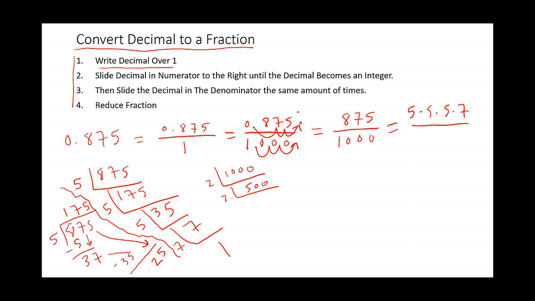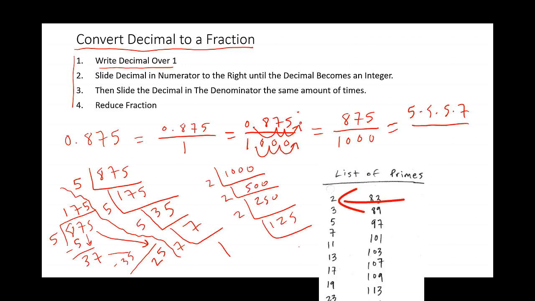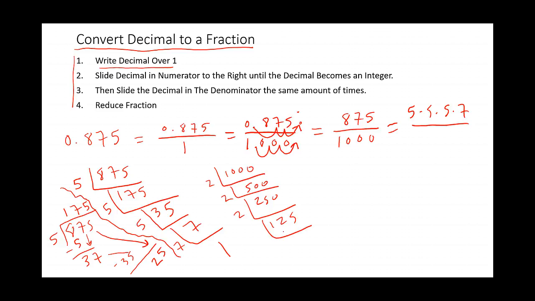That gives me 500, 2, that gives me 250, 2, that gives me 125. 2 does not go into 125, but I don't think 3 does. 5 does, because there are 25s in the 100 part and 5s in this 25 part. So I'm going to try a 5 into there. That goes 25 times. Now I know 5 goes into that. I'm left with 5 because there's 5 5s in 25. I do one more 5, and I'm left with 1.